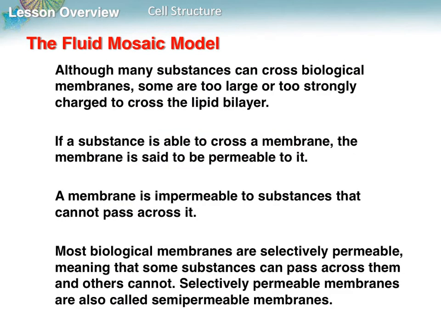The cell membrane is said to be what is called selectively permeable or semi-permeable. The best analogy that I have to help you understand what that's like is a screen door.